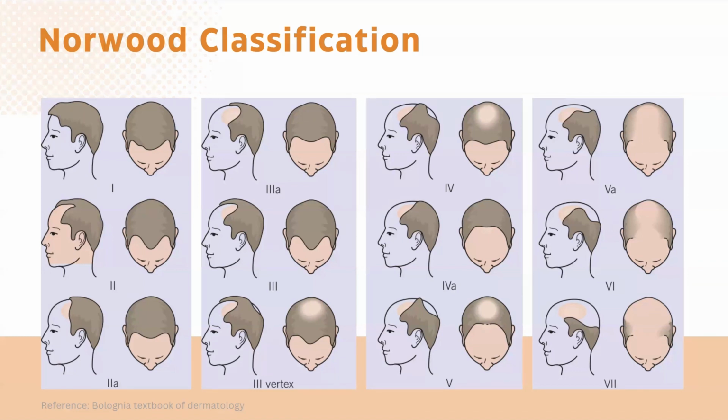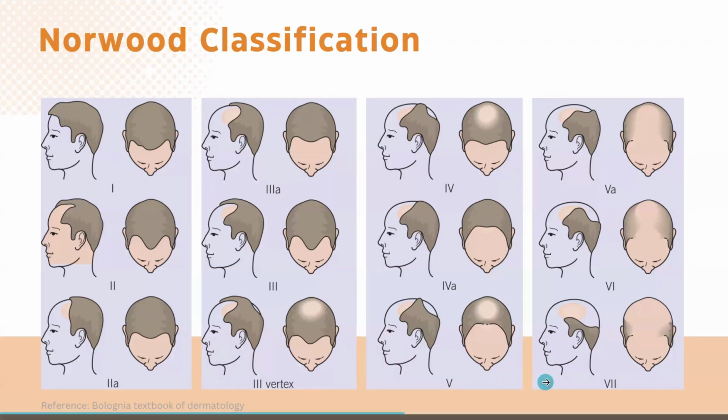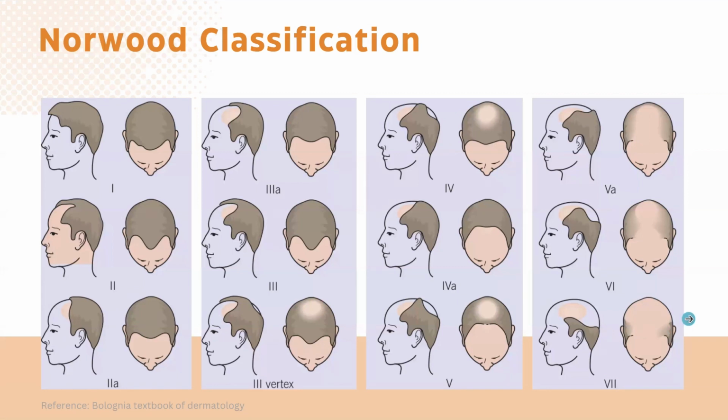And then with the more advanced ones, in classes 4 and 5, they start to have the vertex. You can see the vertex. And then in the last stages, they have the merge between the frontal balding and the vertex.